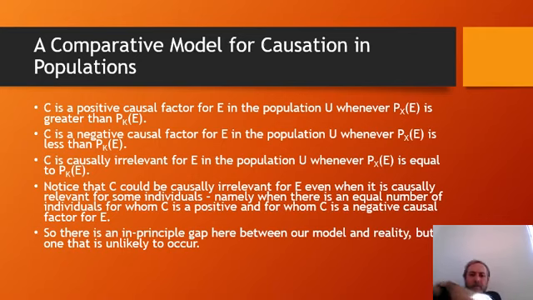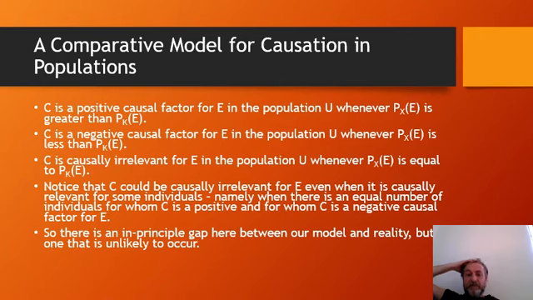But nonetheless, those two would cancel each other out. That was maybe a little confusing, but the point being, you can see how individuals could cancel each other out, and you'd still have no difference in the probabilities, in the relative frequency of E's in the population.